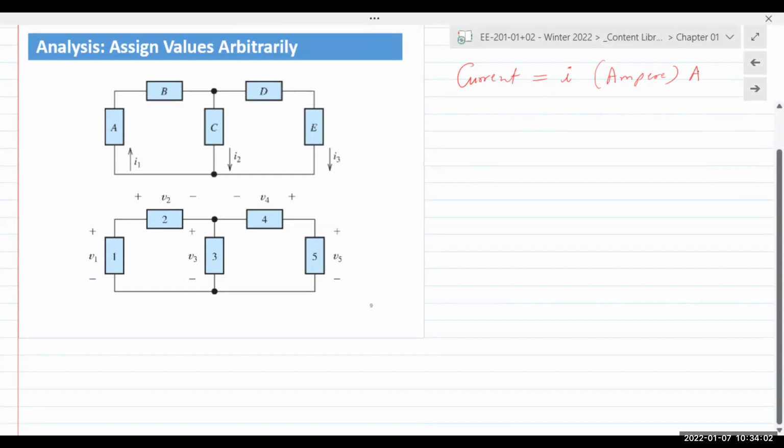Okay. And current always has a direction. So it's always flowing from point A to point B or point C to point D, and it always needs a pathway to flow through. I is defined as the rate of flow of charge.